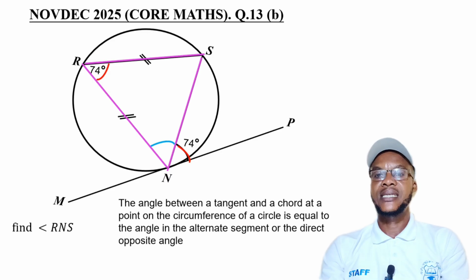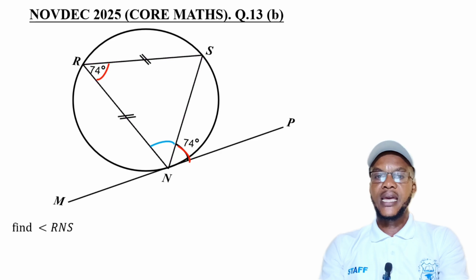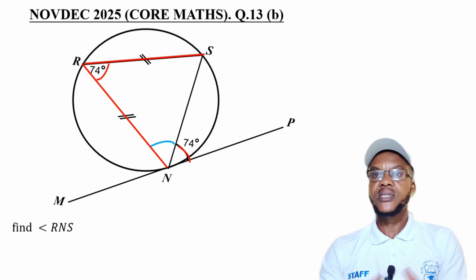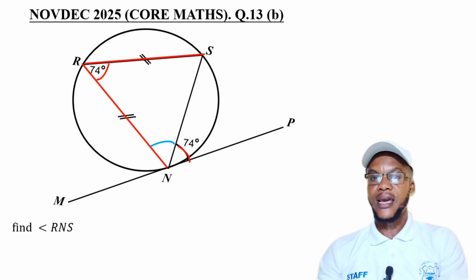You realize that there are marks on line RN and line RS. In plane geometry, when you have marks like that, it means those sides are equal. It was even stated in the question that line RN is equal to line RS.